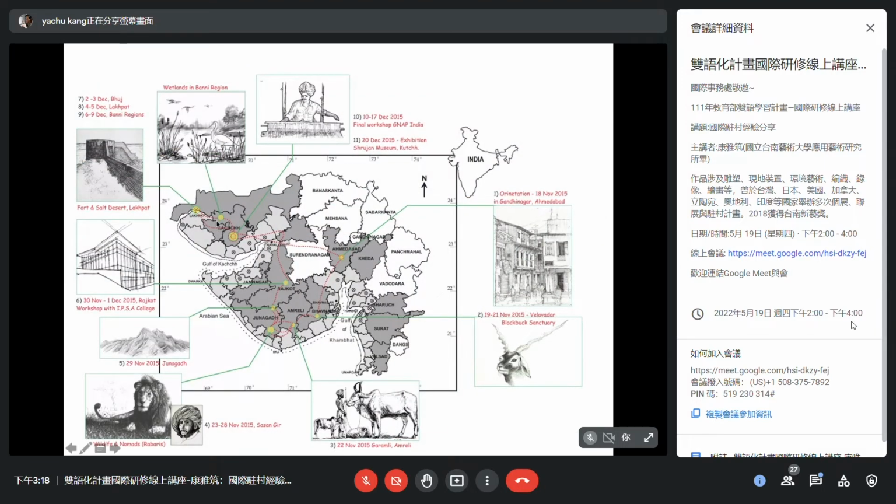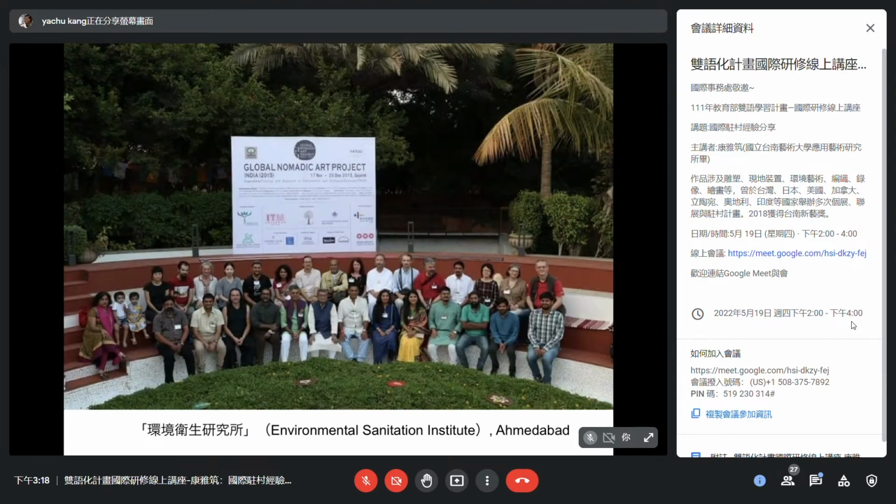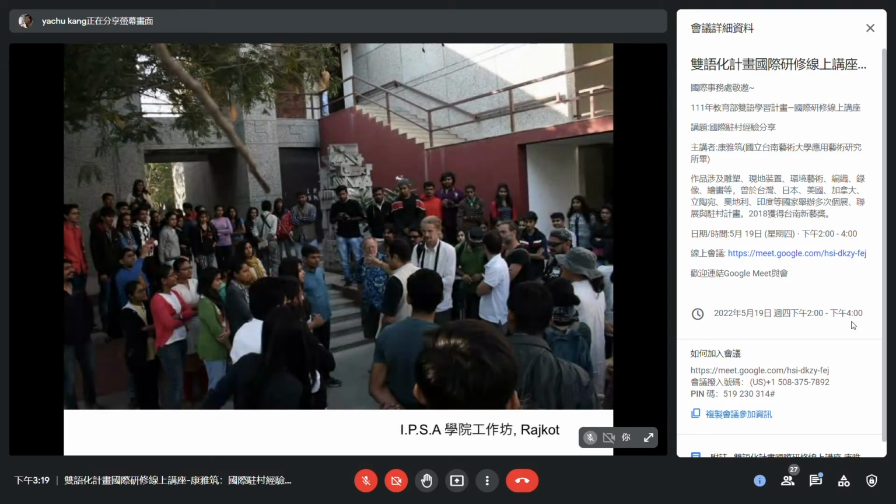The organization arranged the trip. Not just introducing the culture, we also visited many different spots and environments. For example, we visited the institute in Ahmedabad. Here are all the artists and the organization, and we hosted a workshop with students.